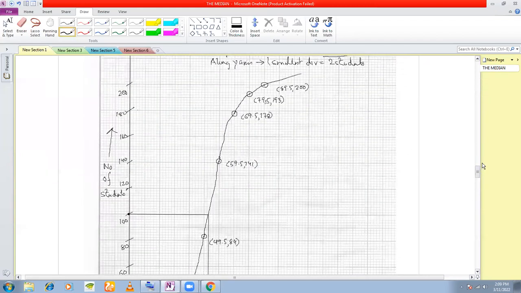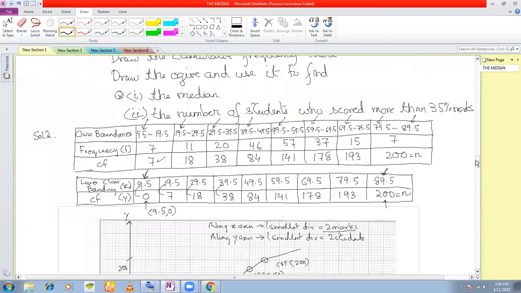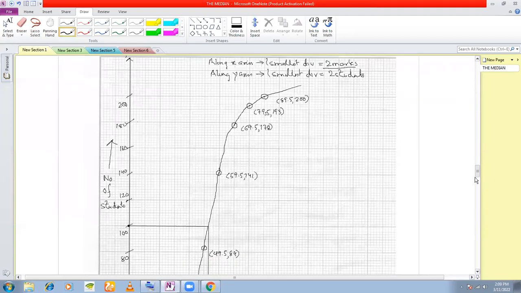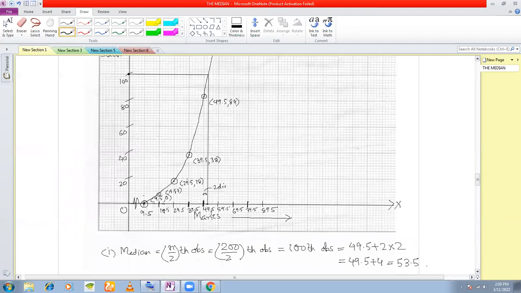Second question. The second question here is the number of students who scored more than 35% marks. Remember, you have to calculate the number of students who have scored more than 35% marks. So what we'll try to do here is we'll first try to find the number of students who have scored less than 35% marks. Because we are talking about marks, 39.5 is this point, right?